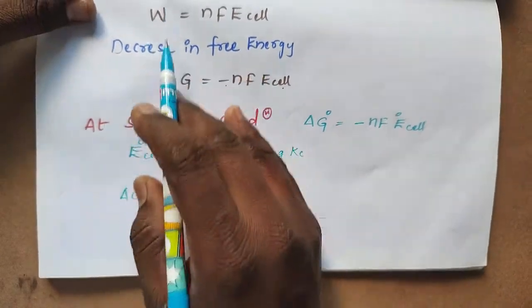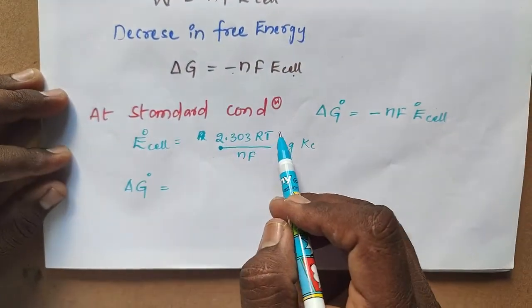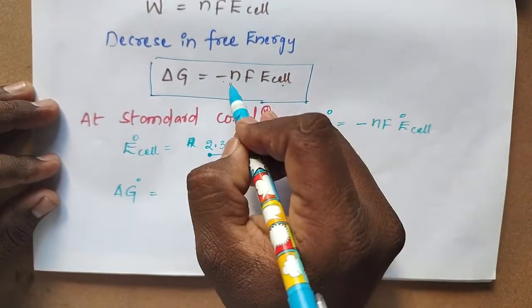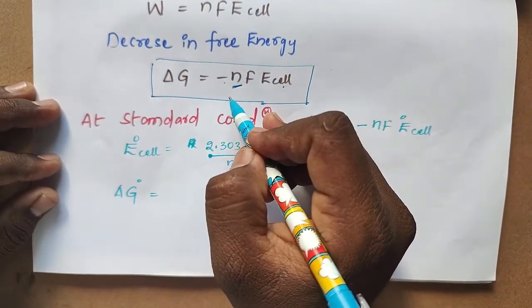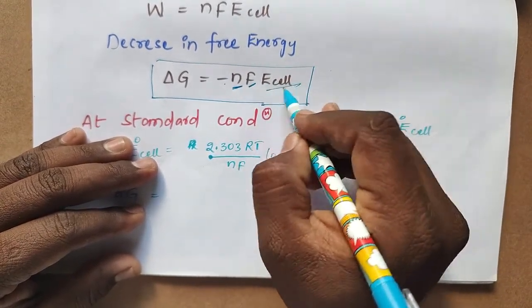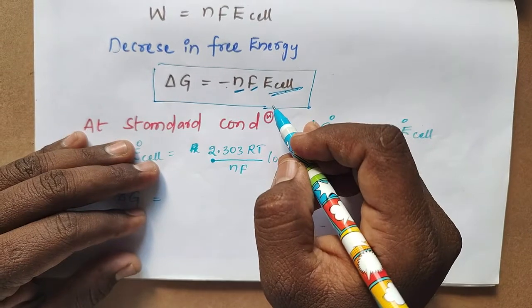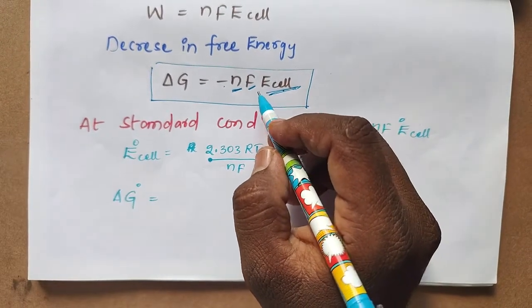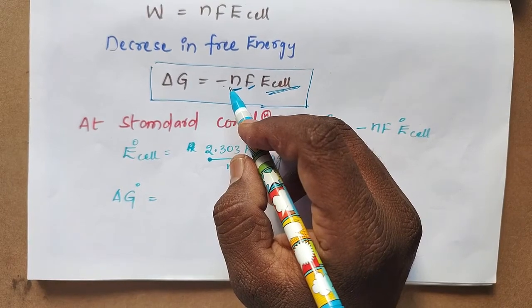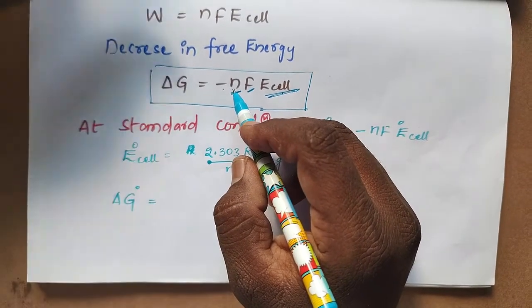Here n is the number of electrons, F is the Faraday, and E is the potential. We calculate delta G of any chemical reaction in an electrochemical cell using these values.